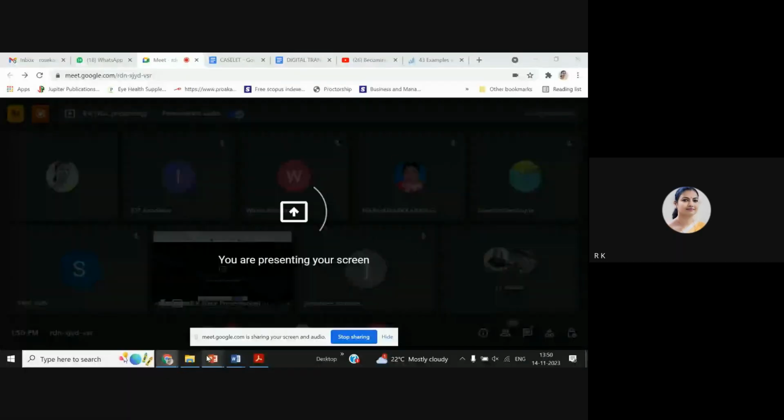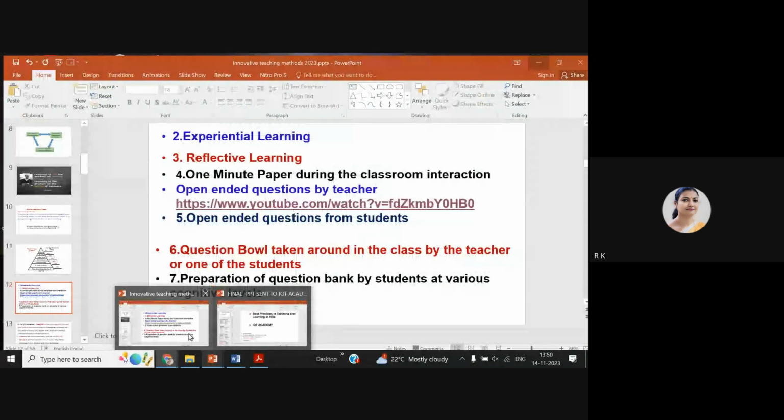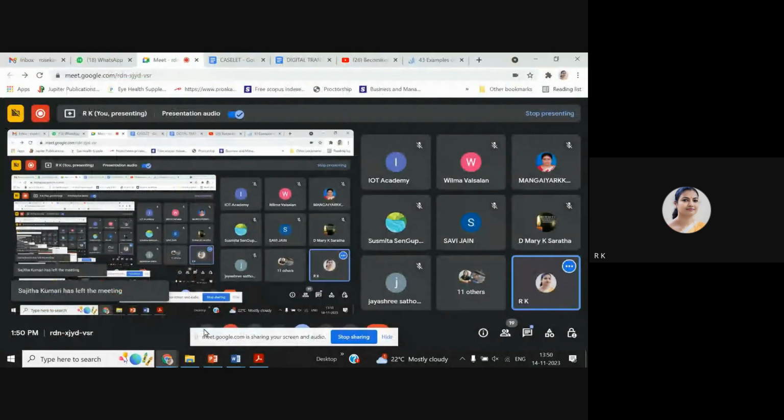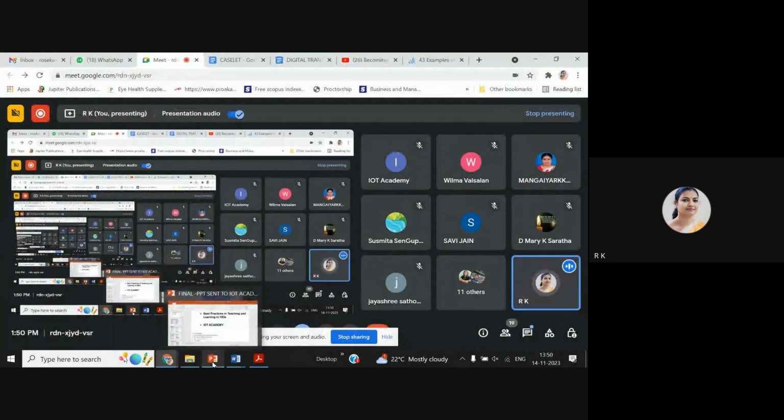For example, presenting a movie, demonstrating the students' knowledge related to the module. This is also possible for us. It is a very interesting method, where you will get a lot of feedback from the students, and it gives them hands-on experience, because they will come out with different methods.